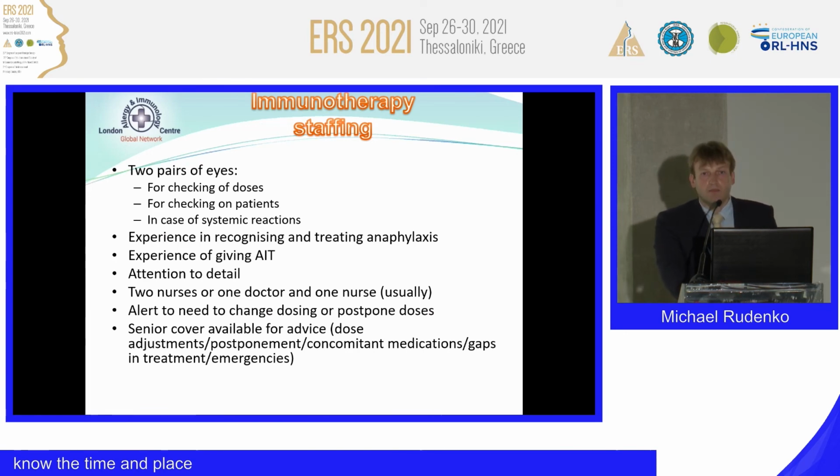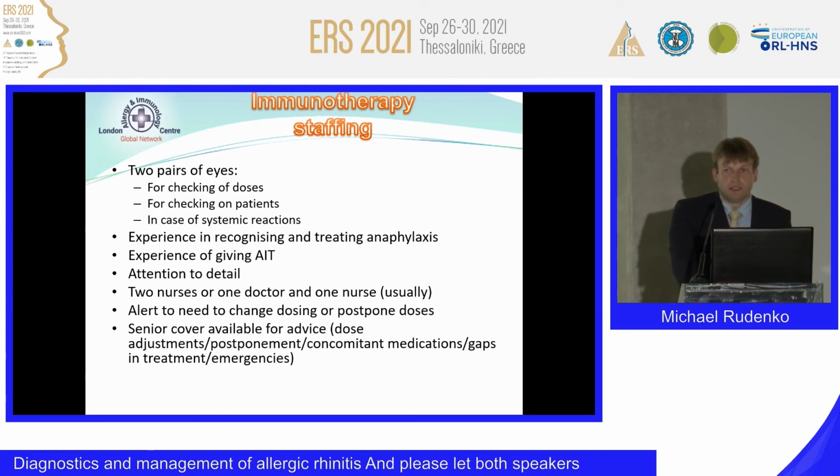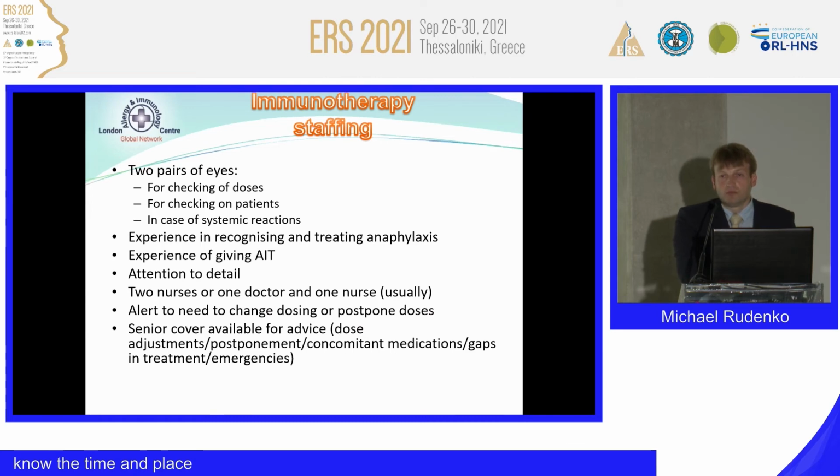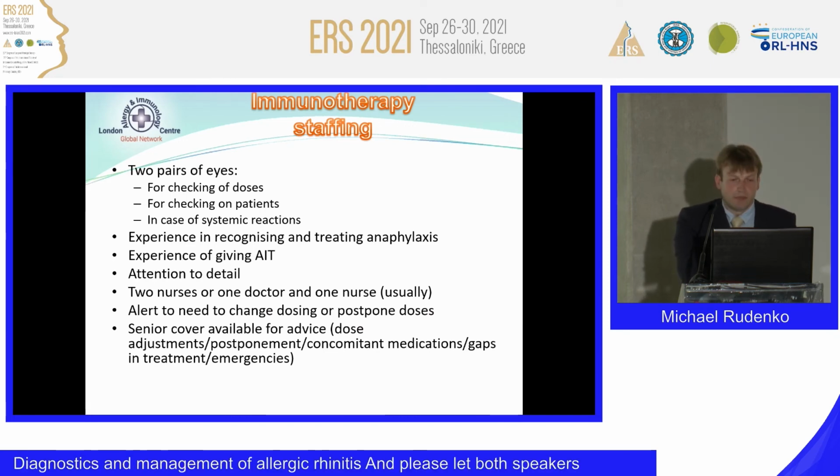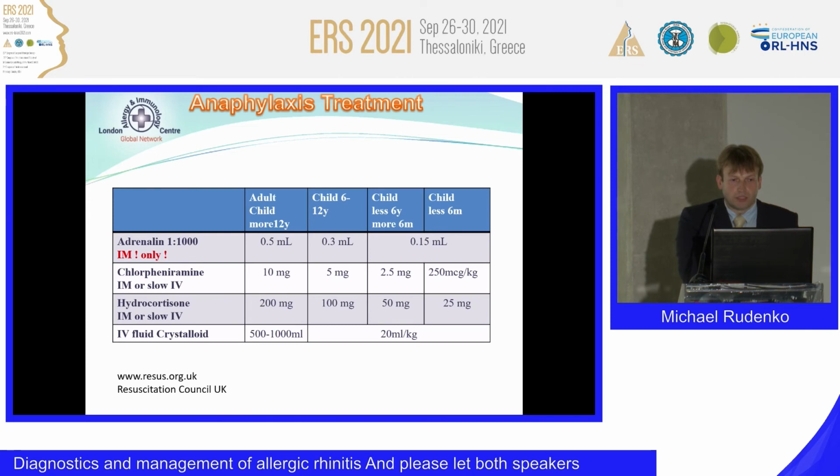Both you and the nurse, or if it's done by the nursing team only, both nurses, need to have attention to detail, because it's very important that everything is done according to the protocol. Even the slightest details that don't look right need to be picked up and discussed. That might, in many cases, avoid severe problems and reactions.